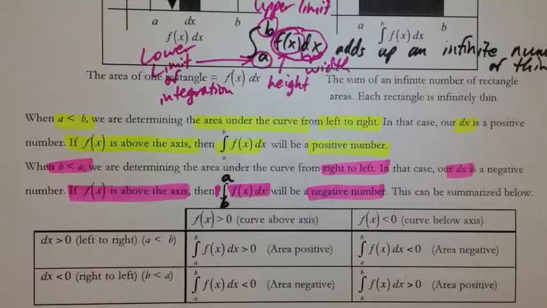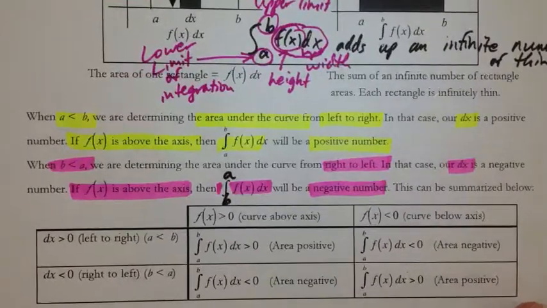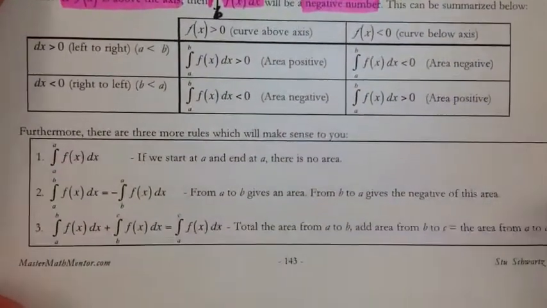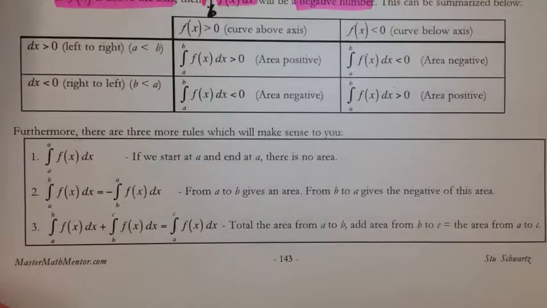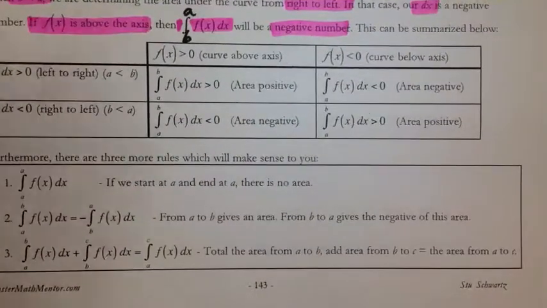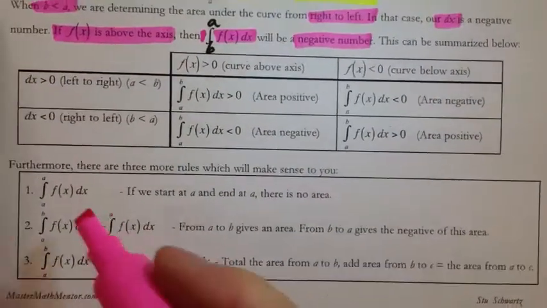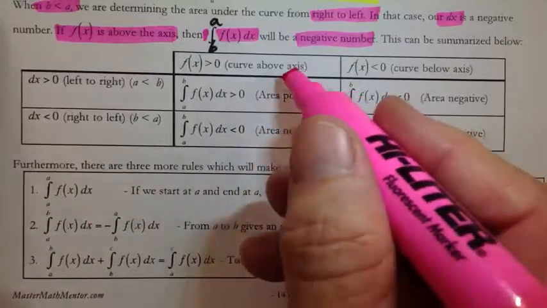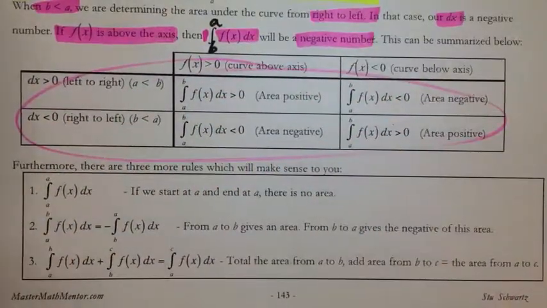So let's take a look at some more properties of integrals. I want you to take a look at the very bottom box. If you want to take a look at this chart in general, that's great. I'm not necessarily wanting you to memorize a bunch of rules. What I want you to know is really the concept, and that's what we're going to focus on.